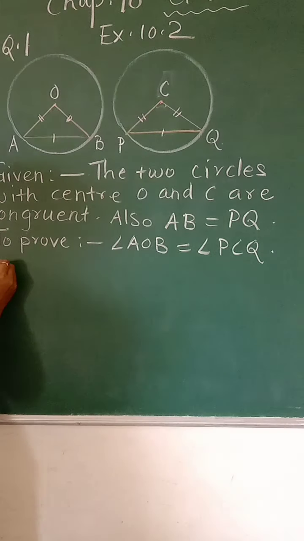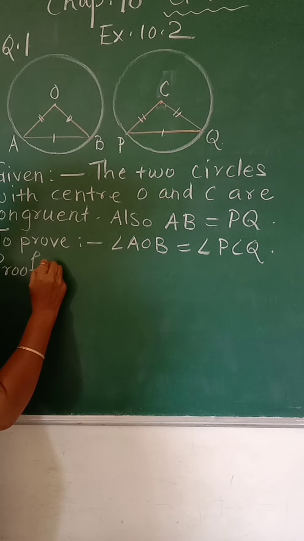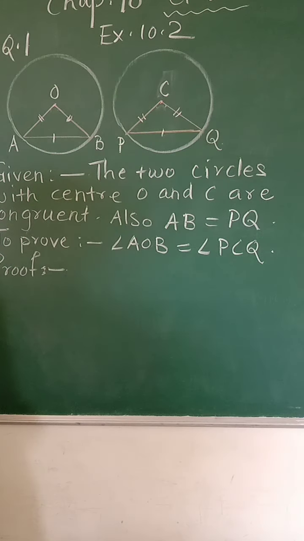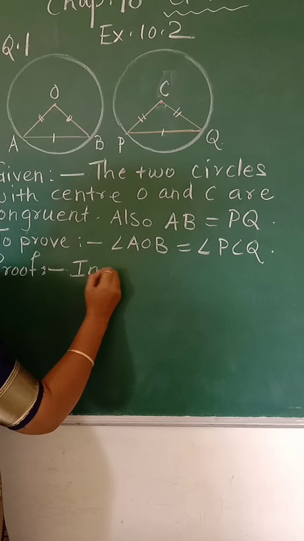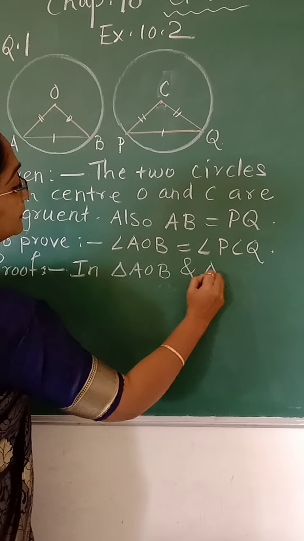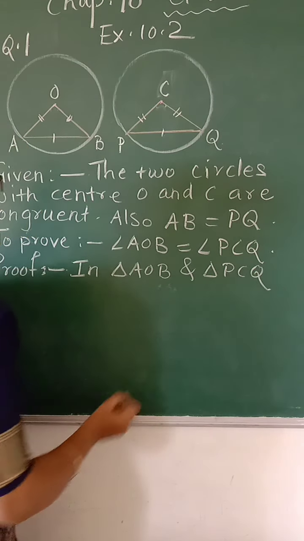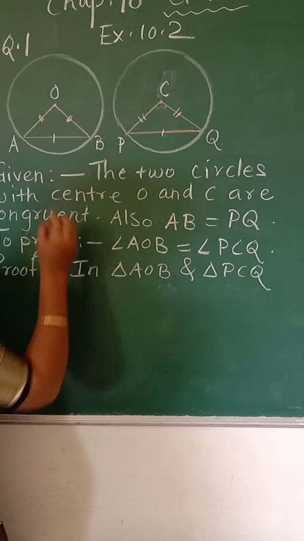So write the proof. Now again in these two triangles, that is in triangle AOB and triangle PCQ, what is given?